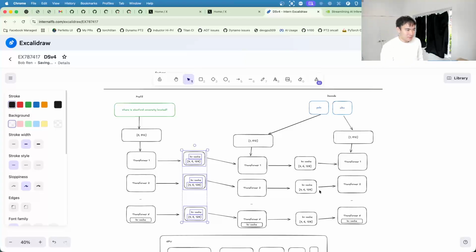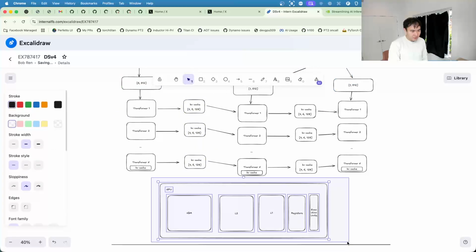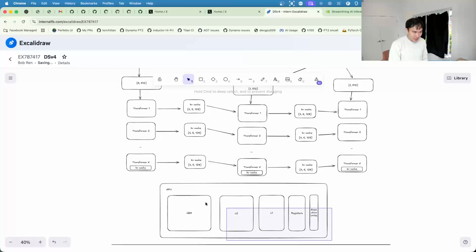Now, what do I mean by memory bound? It's useful to think about GPU memory hierarchies. GPUs generally have very large HBM. For example, for an H100, you might have 80 to 100 gigs of HBM. But then you have these caches, similar to CPU architectures: L2, L1, registers, and execution units. And these get smaller and smaller as you go.